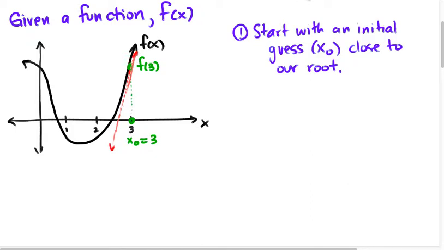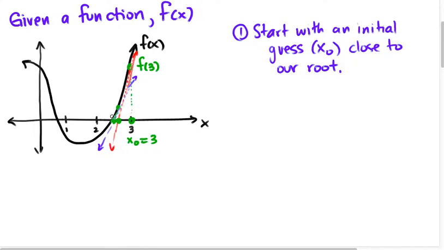And you'll notice that that then hits the x-axis approximately here. And we do that again, and we end up with a new value. Then we take the tangent line, I'll do that one in blue. It looks like this. And we hit another value here, and we do it again, and again, and again.